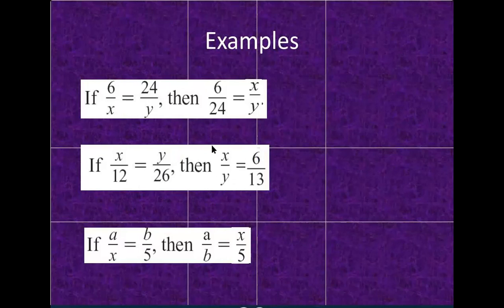Where do we get 6 over 13? Because we put 12 over 26 and simplified it to simplest form, 6 over 13. Third example: a over x equals b over 5, then a over b equals x over 5.